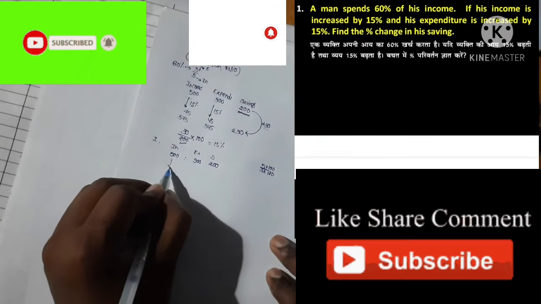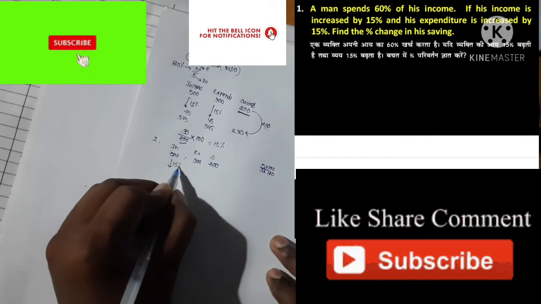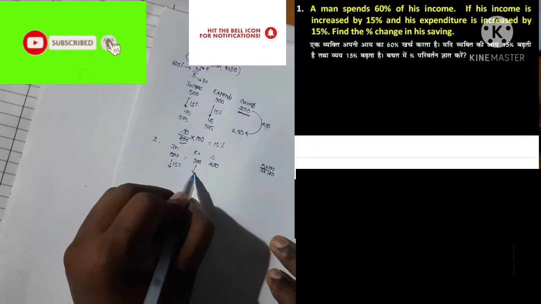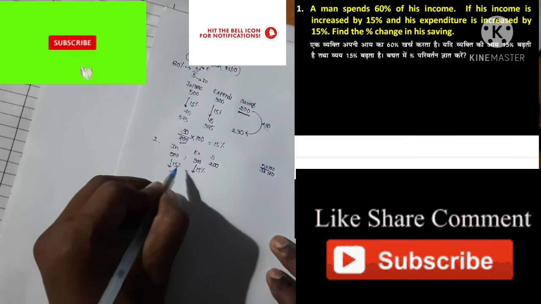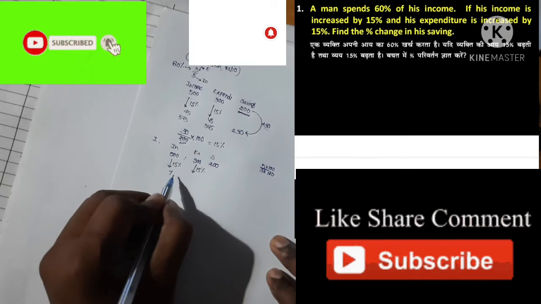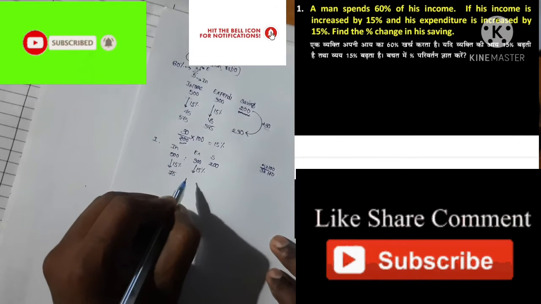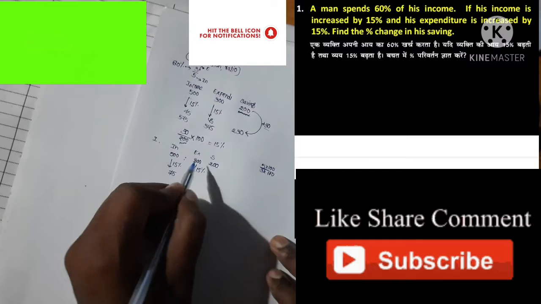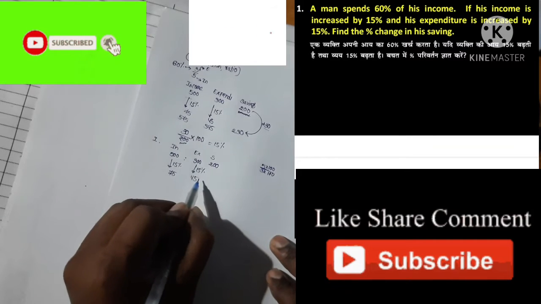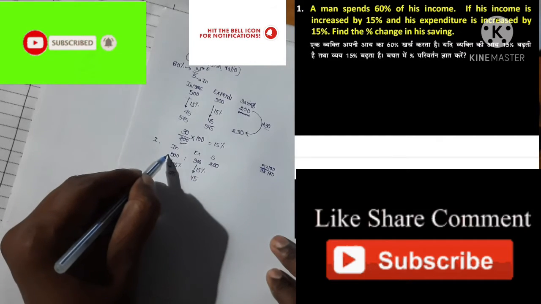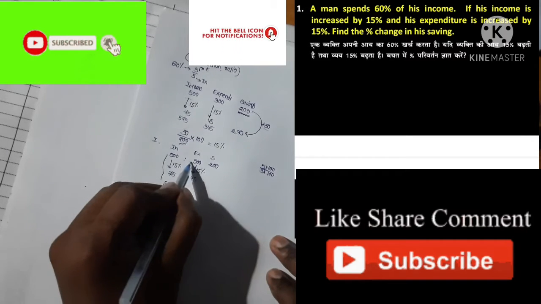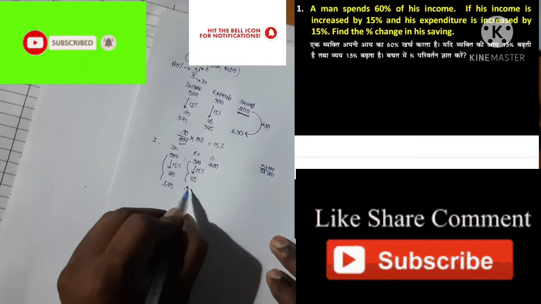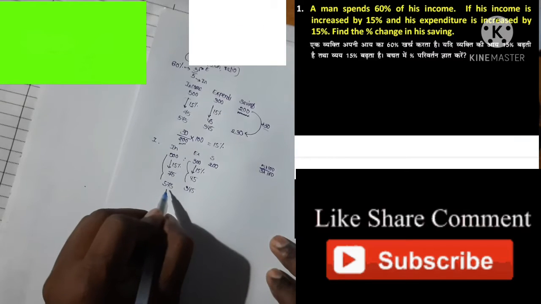So income is increased by 15% and expenditure is increased by 15%. So 15% of 500 value is 75, 15% of 300 is 45. So no need to add these two values, 575 and 345, and subtract.